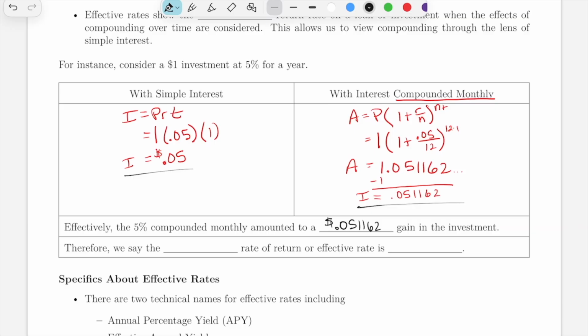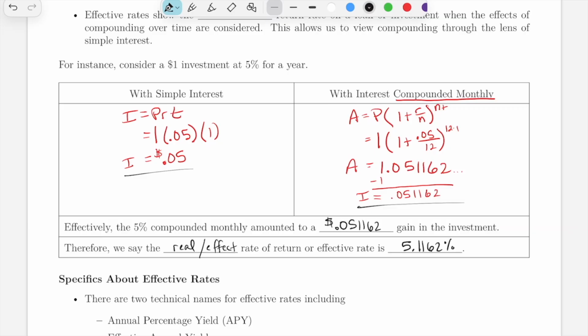You get more. Therefore, we would say that the real, or the APY, or the effective rate, however you want to think of it, is actually 5.1162% interest.